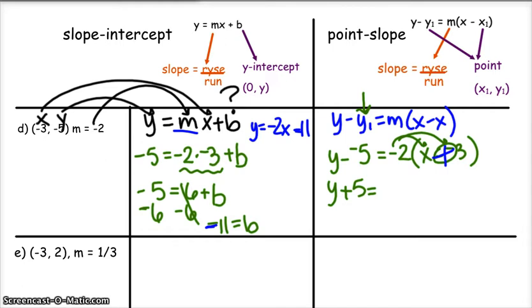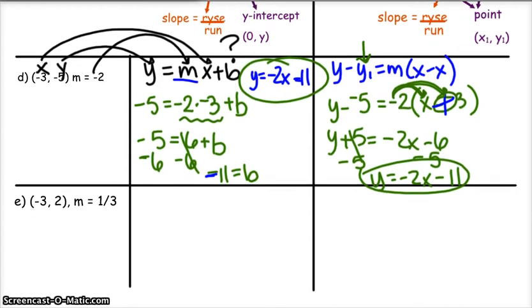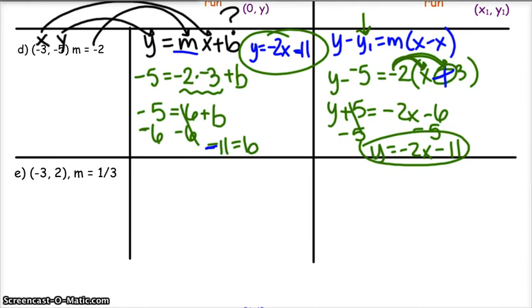So it's going to be -2 times x and -2 times a +3. Get the y by itself. Y equals -2x minus 11. Same answer, same line, two different methods. Please complete letter E on your own, given the example for letter D.